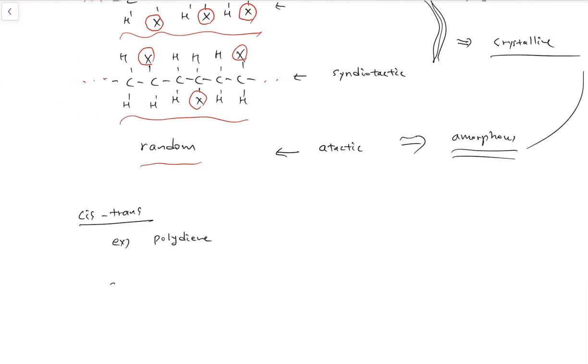The basic unit has this structure. If you make a polymer with this unit, there are four different carbons, 1, 2, 3, 4. If you do 1,4 addition, it results in this kind of structure.